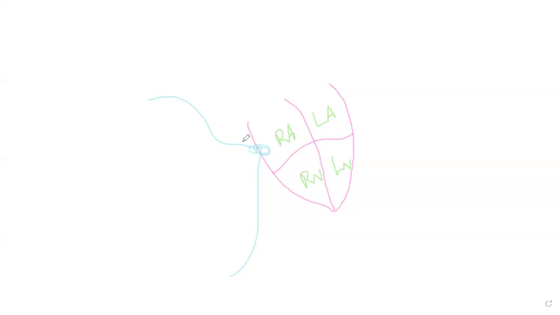From the right atrium, it reaches the right ventricle. Here there is one valve present. That valve is known as the tricuspid valve. From the right ventricle, it goes on.